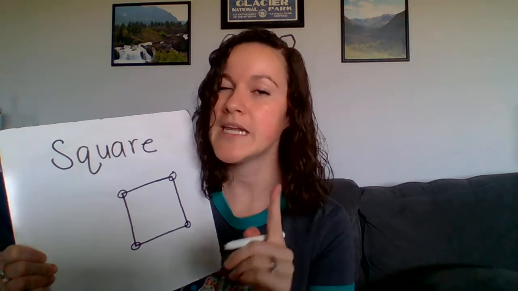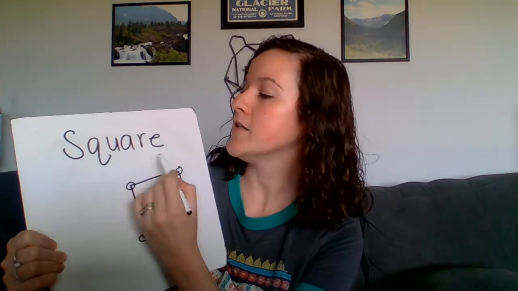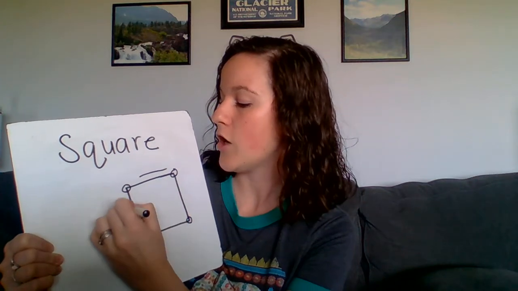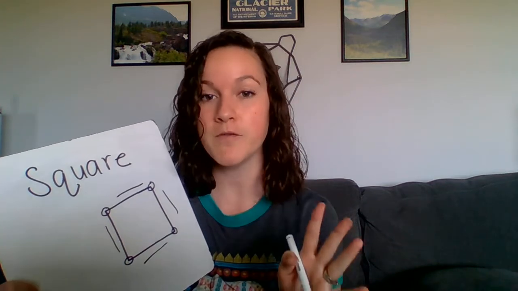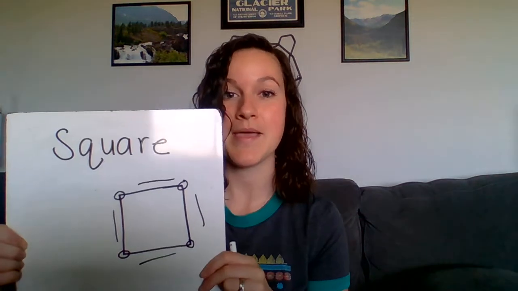Same as the rectangle, but here's the difference. In a square, all of the sides are exactly the same. So you can't make a tall, skinny square, or you can't make a square lay flat and be real long across the bottom because that would be a rectangle, all right? So squares have 4 vertices, they have 4 sides, but all the sides are exactly the same, okay?